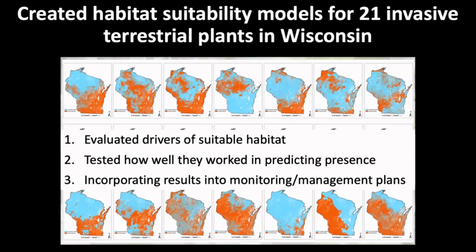We wanted to also test how well these models perform, because believe it or not, rarely are models validated with separate amounts of data. And so we wanted to understand, are these models really working well, and how well should we rely on them? And then all this information we want to incorporate and extend out to our clientele so that they can improve their management plans on the ground level.